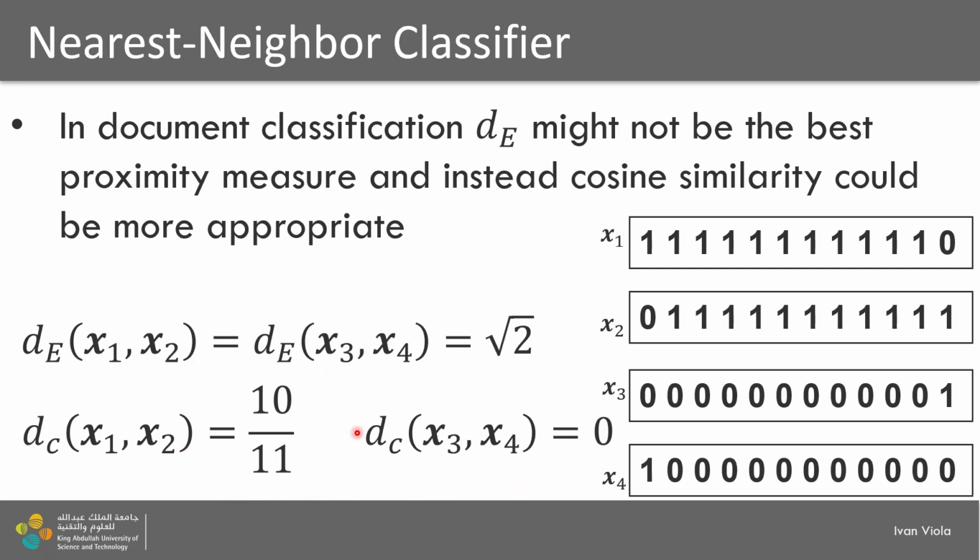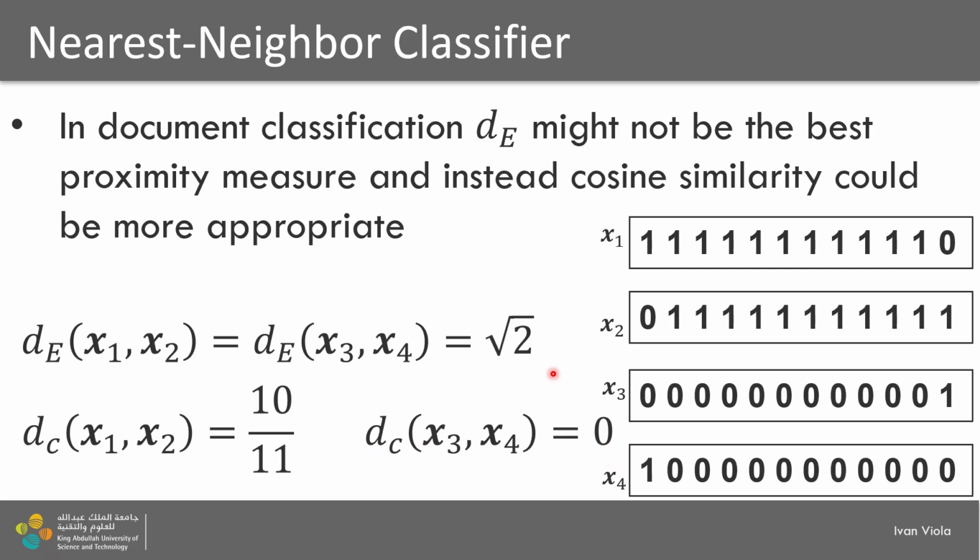But so these two records are very similar with the cosine similarity, while these two records are considered as completely dissimilar, and therefore the distance here will be very small between these two records, while the distance between these two records will be very high.